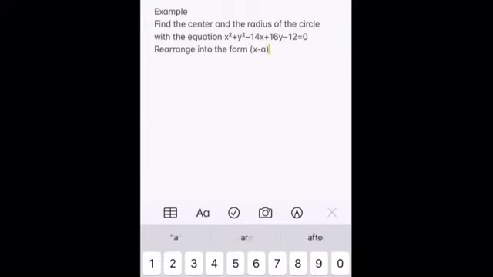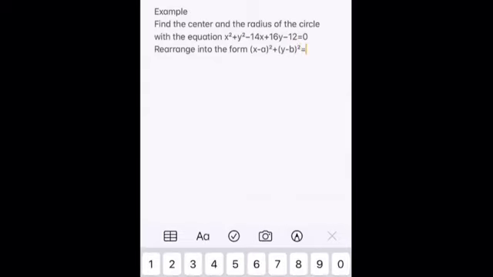Firstly, we will group all the x terms with x and y terms with y. Then we will complete the square, which is (x minus 7) squared minus 49 plus (y plus 8) squared minus 64, and don't forget the last term, which is minus 12.